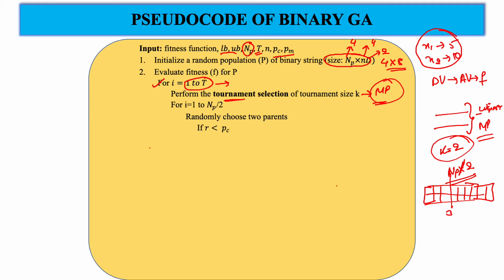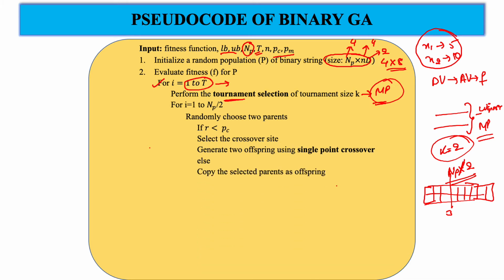If it's less than that, then we select the crossover site and perform single point crossover. Else we are going to copy the parents as they are into our offspring.